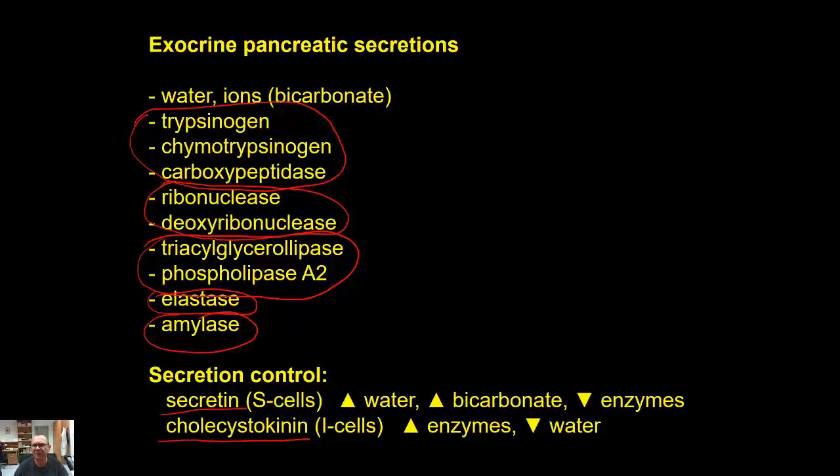Centroacinar cells can do it too, and their high level is important for the neutralization of the acidic juice coming from the stomach to the duodenum. So this acidic gastric juice has to be quickly neutralized, and this neutralization is the cooperation of the alkaline secretion from the pancreas and also from Brunner's glands in the duodenal submucosa.